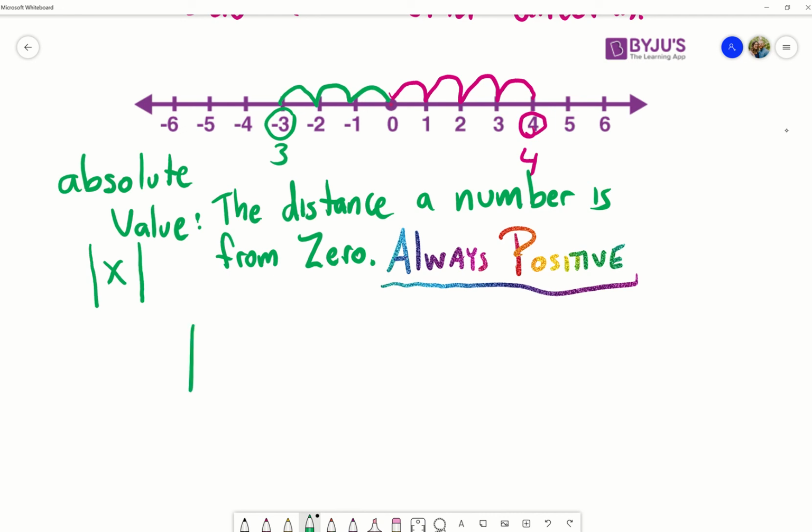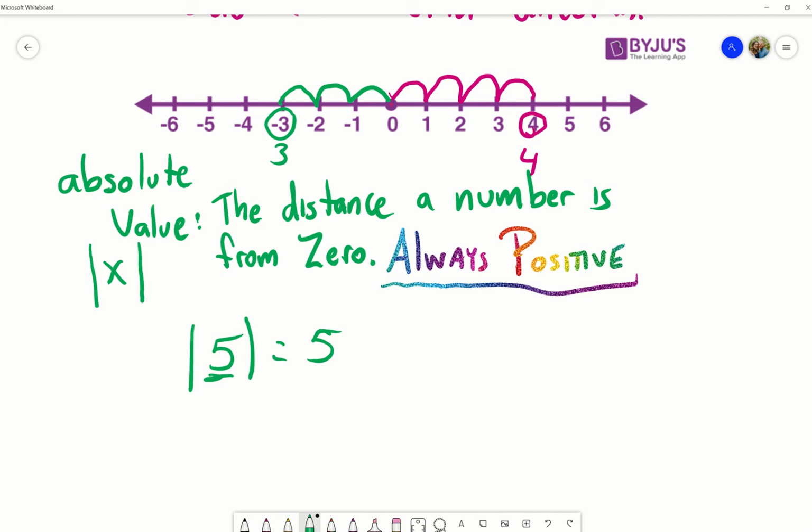So when I have the absolute value of something like 5, I keep my value here, I keep this 5, and I make my number positive. Okay, so my numbers are always going to be positive when I'm dealing with absolute value. That's just the way that this works.